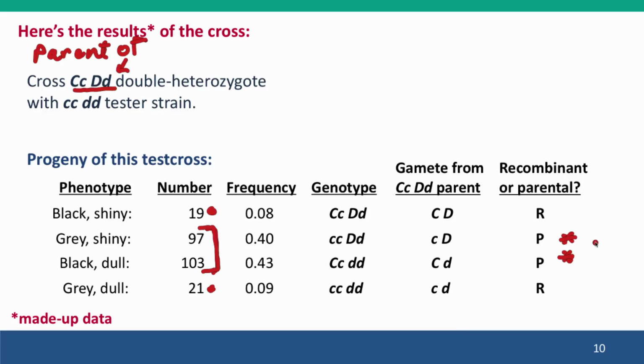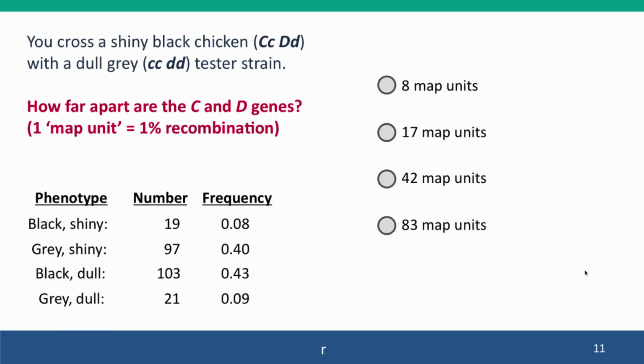Now, the final step is to use these numbers to calculate the actual recombination frequency. And here I'm asking you to calculate how far apart the C and D genes are in units called map units.